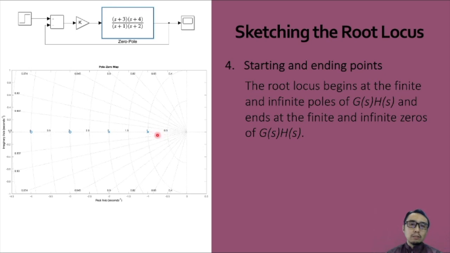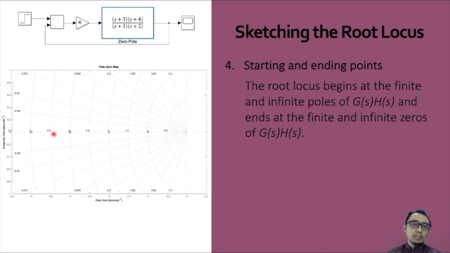Only on the left of an odd number of poles. So over here there will be no locus. Over here you have 1, so there should be some locus here. Here there are 2 poles on the right, so there shouldn't be any. But over here there is an odd number of poles and zeros, 1, 2, 3, so there should be some locus here, and over here no.